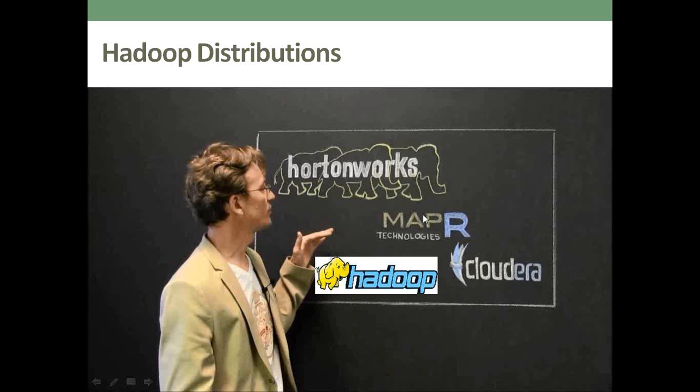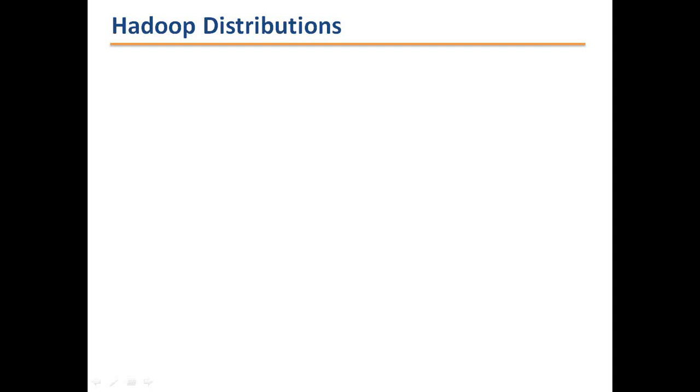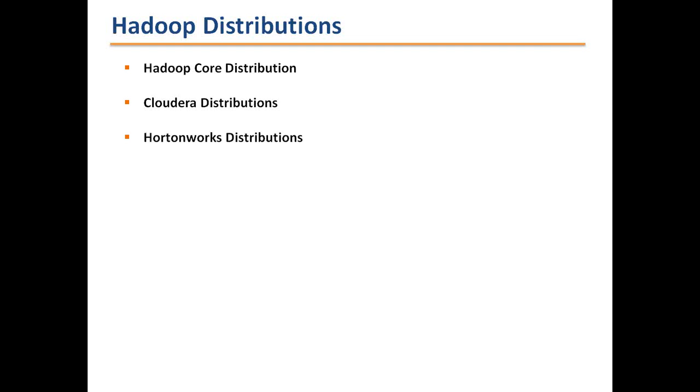What are the other popular distributions? Apart from the Hadoop core distributions, Cloudera and Hortonworks, we have some other distributions. IBM BigInsights is also one of the distributions.